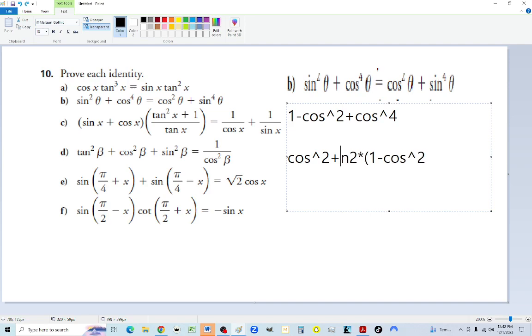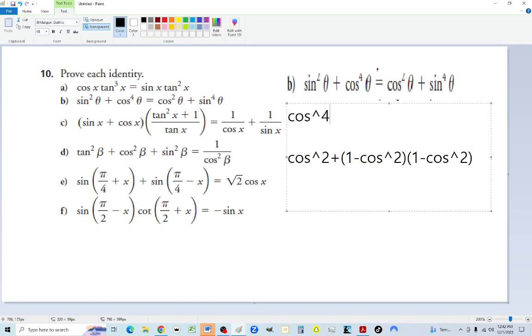Let's just leave this sine squared alone on the left. And we'll just convert one of these sine squares to 1 minus cos squared. When we multiply it by sine squared, we get, let's see if that'll work for us. No, let's convert them both to 1 minus cos squared over here, and up here 1 minus cos squared.